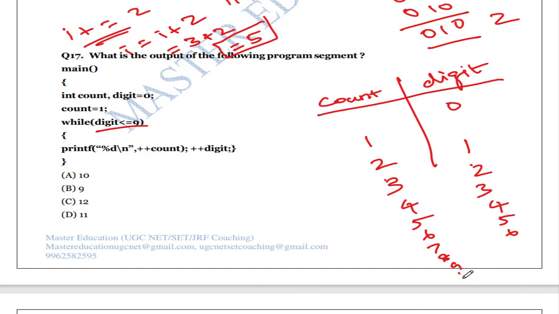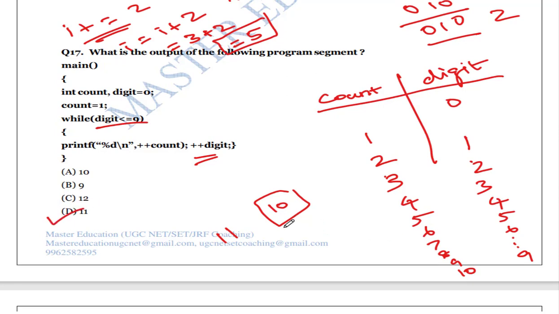When the count is 10, digit is 9. If digit is 9, 9 is less than or equal to 9, yes, so again it will enter this loop. Now the count value is 11, and the digit value became 10. Now it will go to the condition and check. This condition is false. Now it will quit. So the count value is 11, which is the answer.